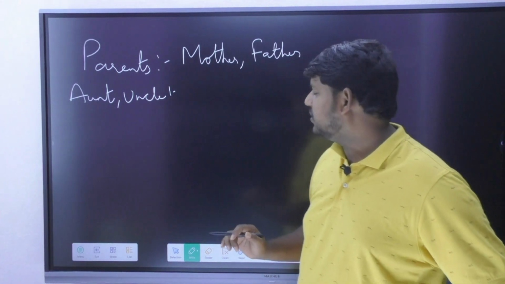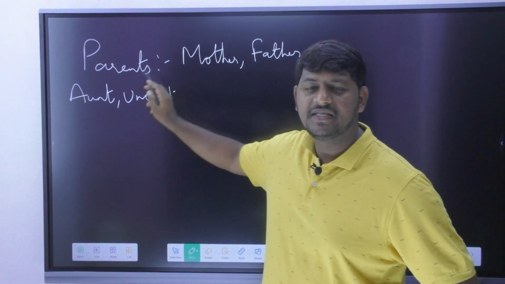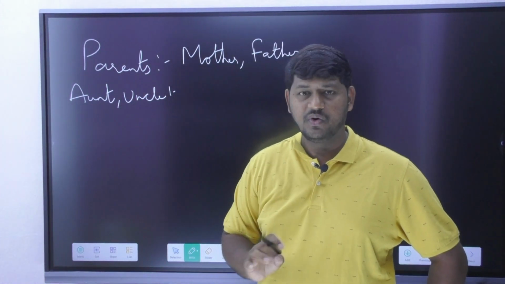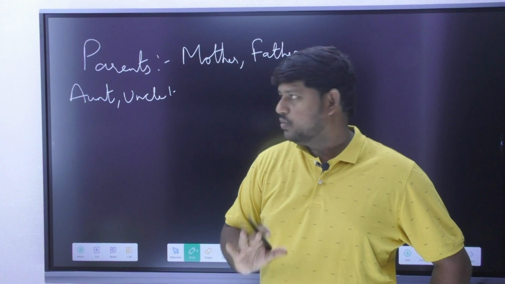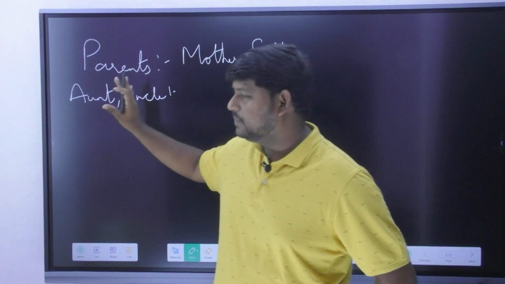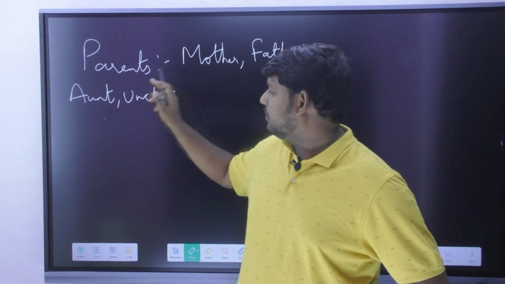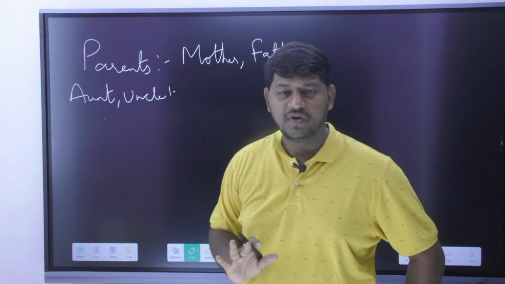Now please observe here, your mother's sister, younger one or older one, whatever it is, you don't have to worry about it. Whoever it is, your mother's sister is going to be called your aunt.